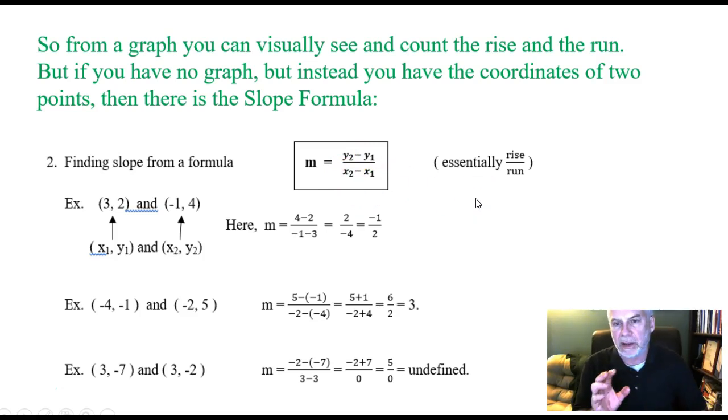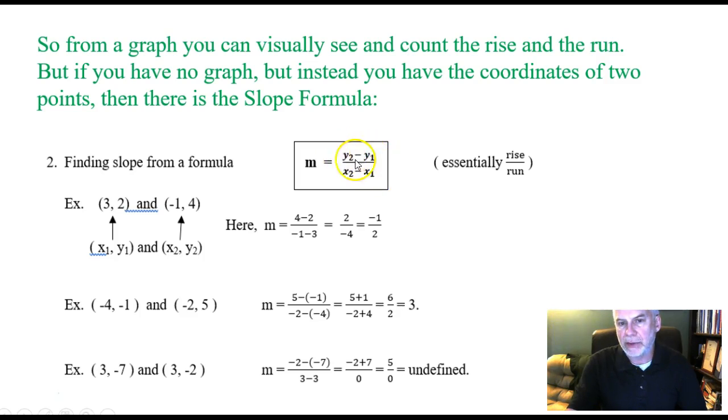Now these numbers in the formula are subscripts. Subscripts just denote which one you're talking about. So this means the y-coordinate for the second point minus the y-coordinate for the first point over the x-coordinate for the second point minus the x-coordinate of the first point.